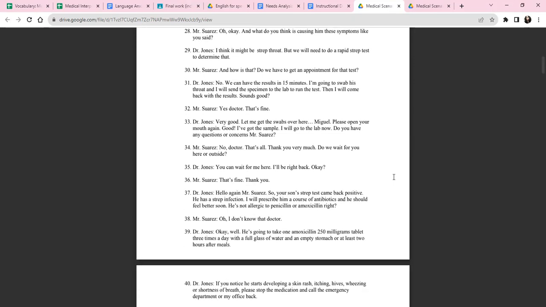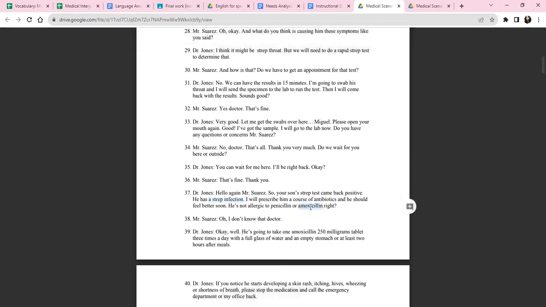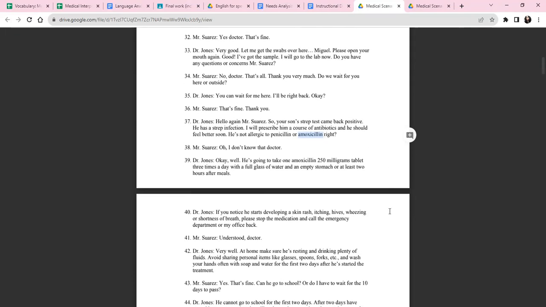You can see we will be having medical vocabulary here, and we will also be using some medication names.